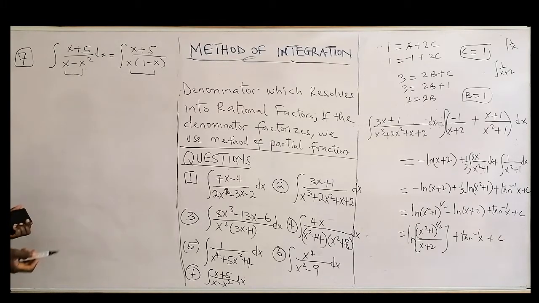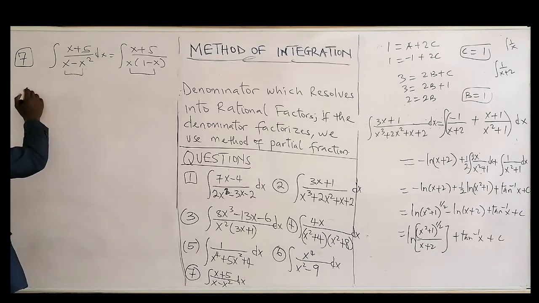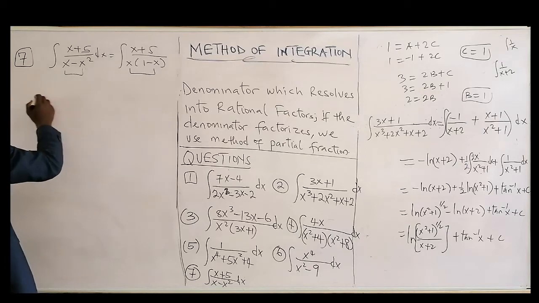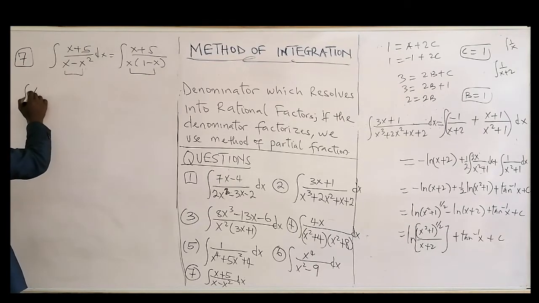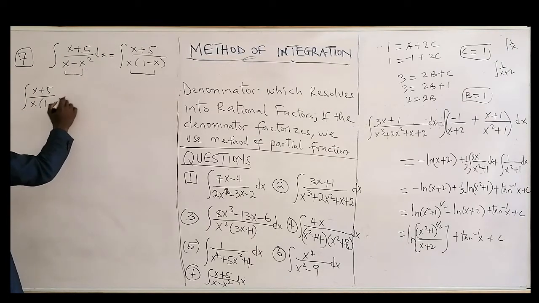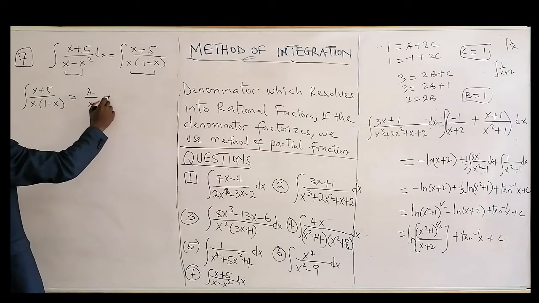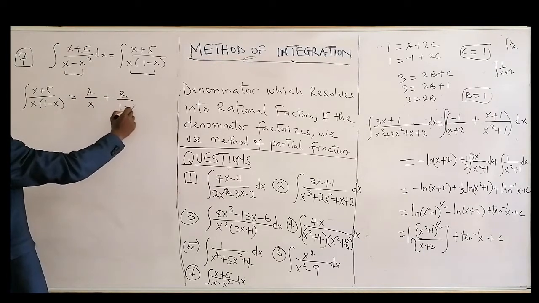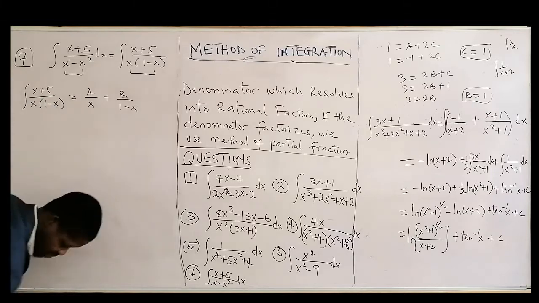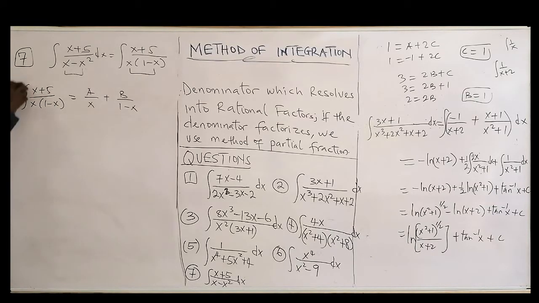So that will resolve into partial fractions. We now have the integral of (x plus 5) over x into bracket (1 minus x) equal to a over x plus b over 1 minus x. We can remove this integral first and get the expression.